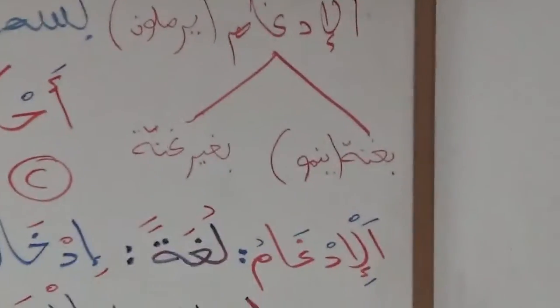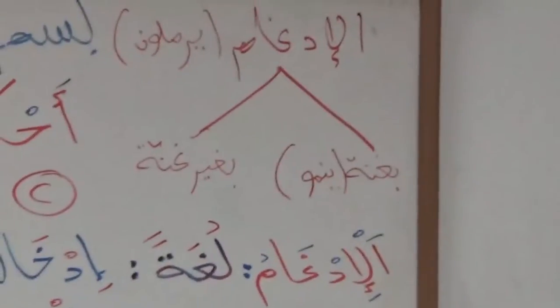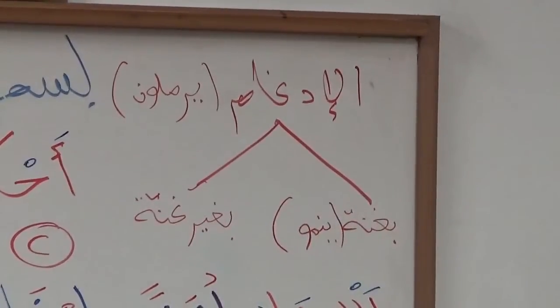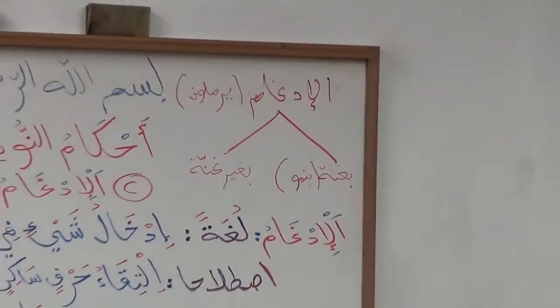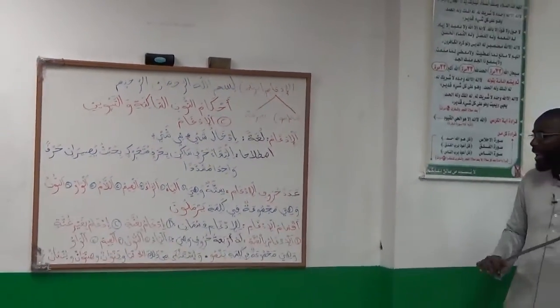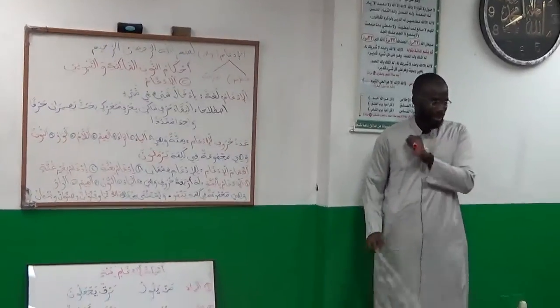Say it in a complete sentence. Al-idgham bil-ghunna, right? So yarmaluna are the letters of al-idgham, and yanmu are the letters of al-idgham bil-ghunna. Right? We're there? And then he says, but there are exceptions.